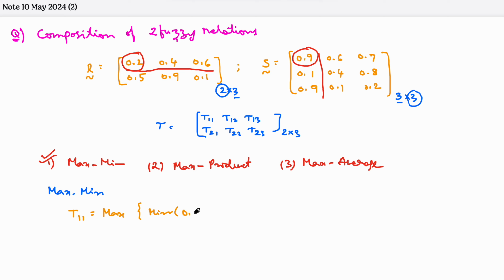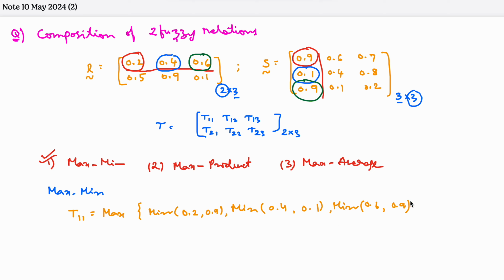That means minimum of 0.2 comma 0.9, and the second set is minimum of 0.4 comma 0.1, and the third set is minimum of 0.6 comma 0.9. Hope you are understanding this, otherwise I will show you. Second set is this one, 0.4 comma 0.1, and the third set is this one, 0.6 comma 0.9.